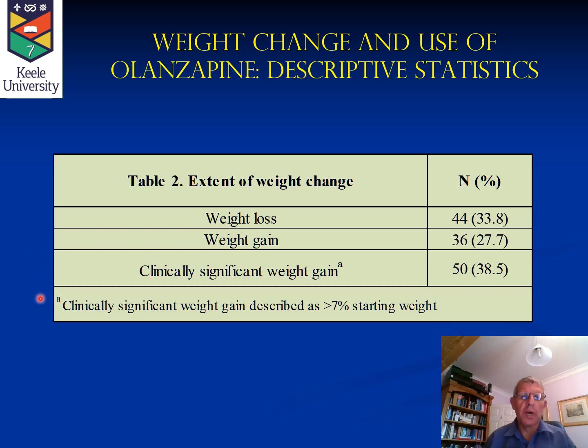Of those who had the two weight measurements, we can see here that 33.8% actually lost weight, for 27.7% there was weight gain, and for 38.5% there was clinically significant weight gain, defined as more than 7% more than the starting weight.